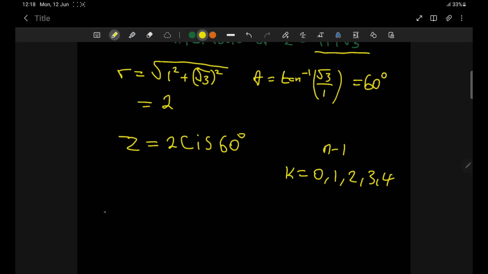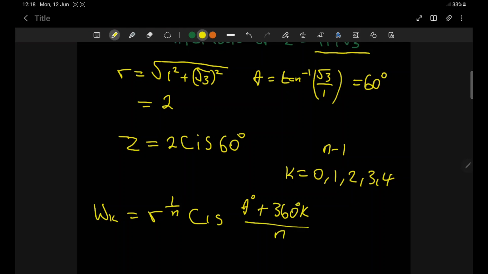So we're replacing them in the formula. Remember the formula, this one. Okay, so we're replacing them in this formula. Since we're saying our fifth root, our n is 5.